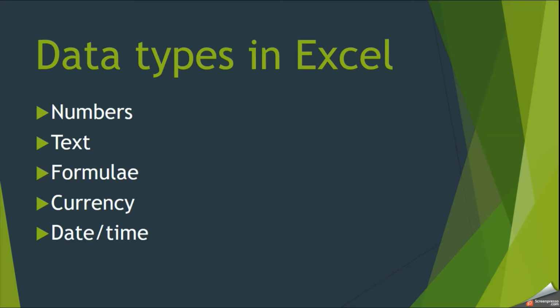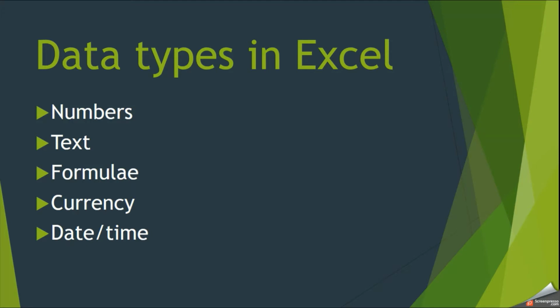And then text. What is meant by text? Any characters, or a combination of alphabets and numericals, or only characters, anything we can enter in a cell. And then formulae. I can type the formulae for doing calculations.